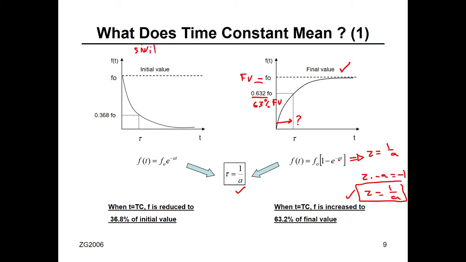Let me write it. Switch at t less than 0 is closed, and at t equal to 0, open. So it's going to be an initial value problem. That means you will have initial conditions, okay?